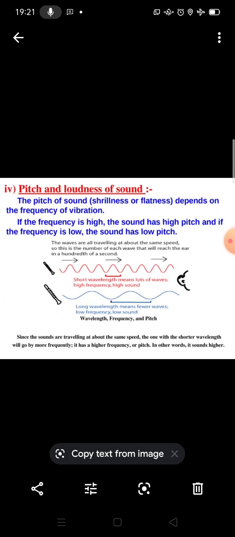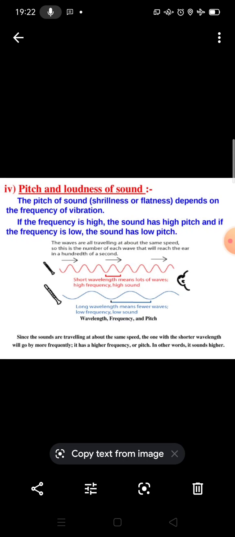For example, when you strike the string of a guitar lightly, we produce a sound, and you can hear the sound lightly. If the same guitar string is struck with a great amplitude, what will happen? The loudness of the sound increases. Understand? If you make the distance of the maximum displacement larger, the loudness will also increase.